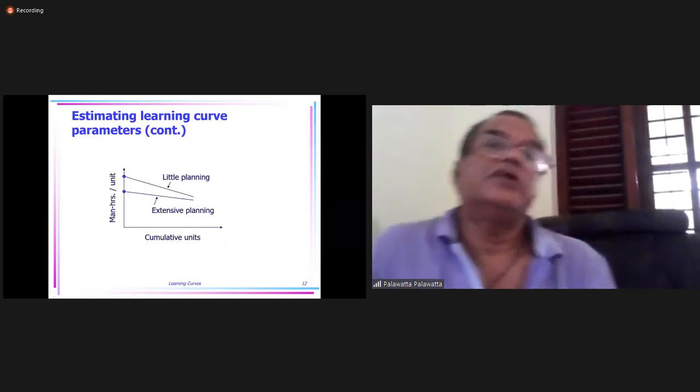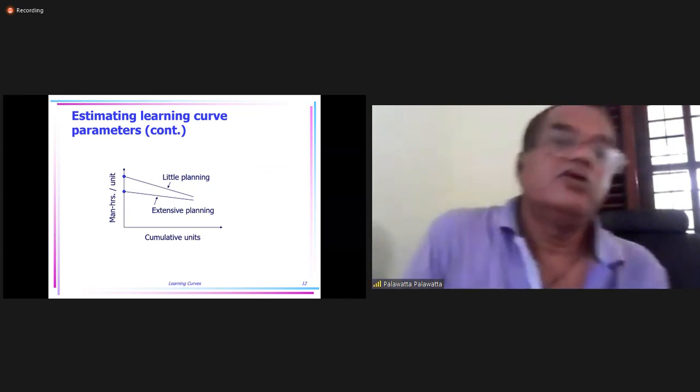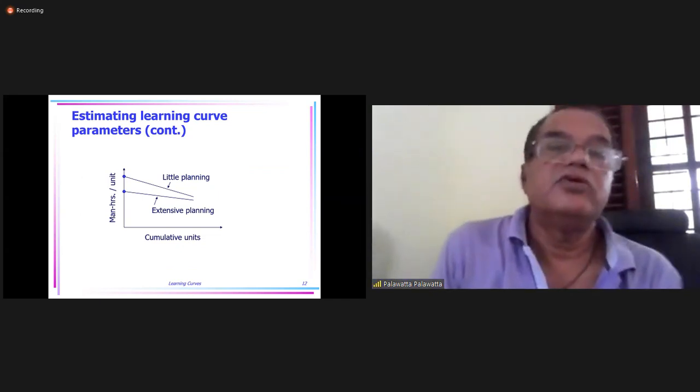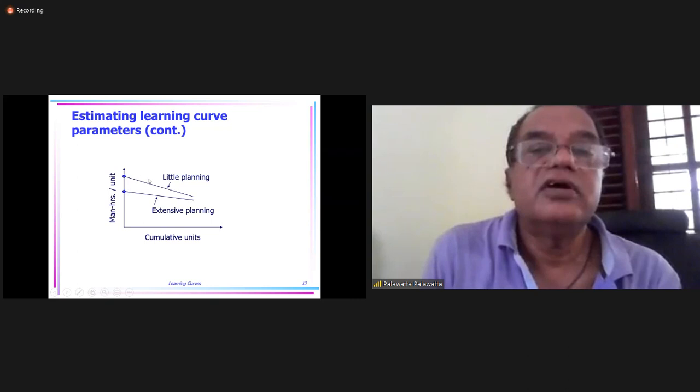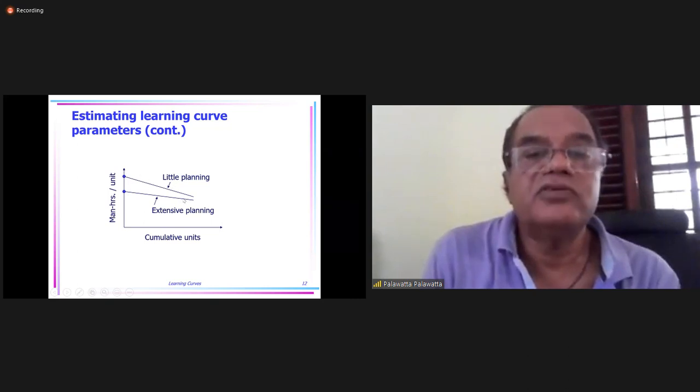So, estimating the learning curve parameter. If you have a steep learning curve, this is a log 1, right? If the slope is high, that means little planning. You just started and the employees are learning naturally.